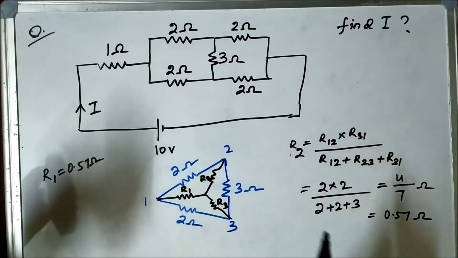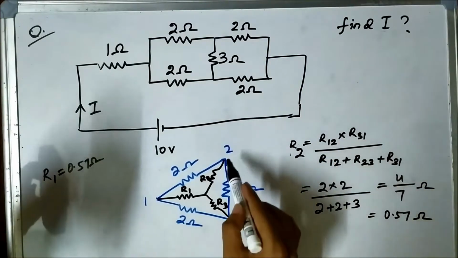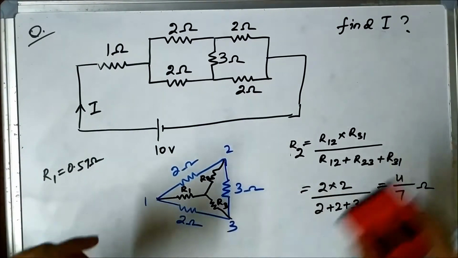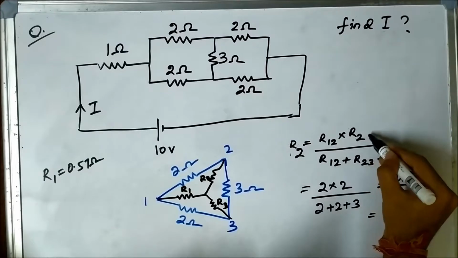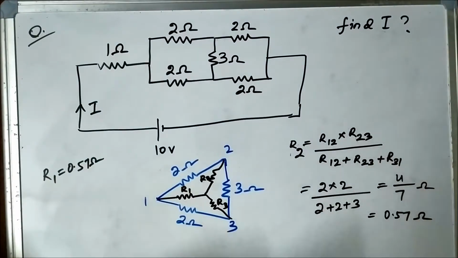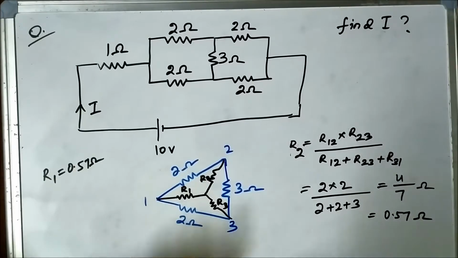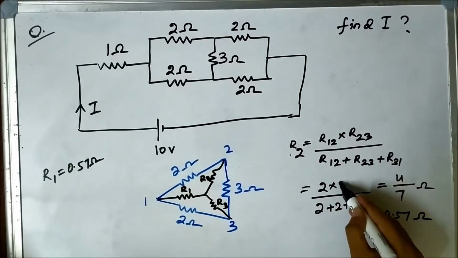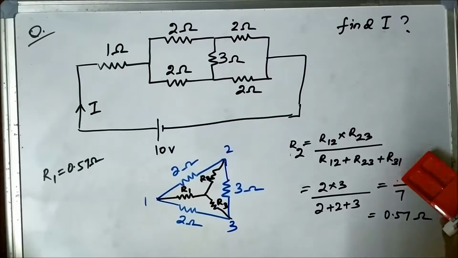For R2, we have to include in the numerator all those resistances which have point 2 in common. That will be R12 and R23. The denominator will be the same, it will remain constant throughout. So R12 is 2 and R23 is 3, so that will be 6 by 7.